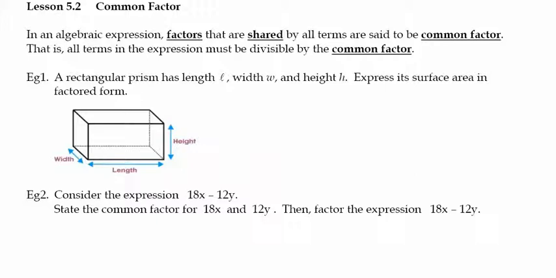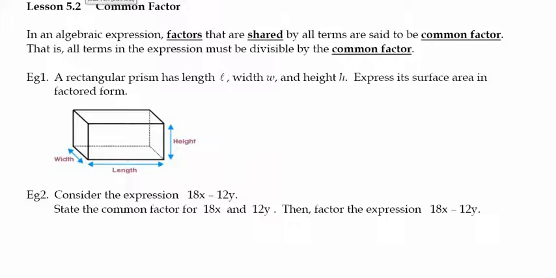So here in example number 1, if I have a rectangular prism having length L, width W, and height H, you can probably come up with an algebraic expression for its surface area.